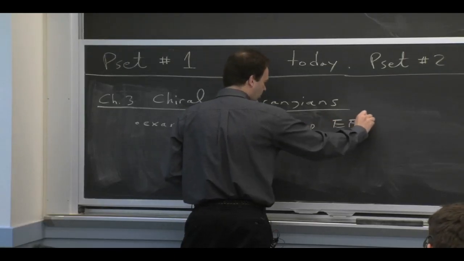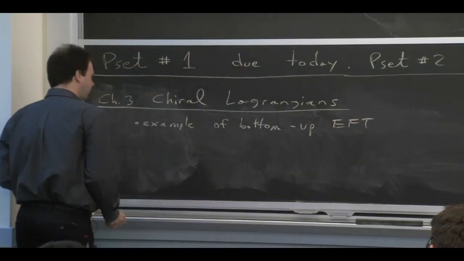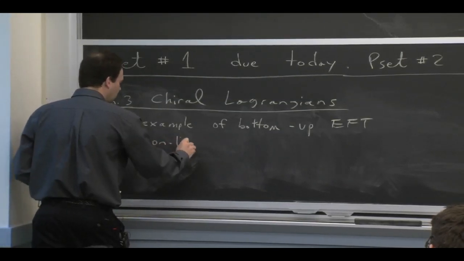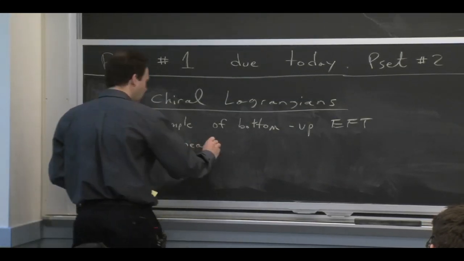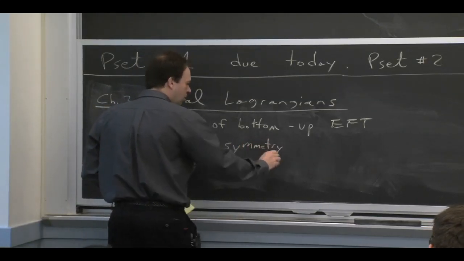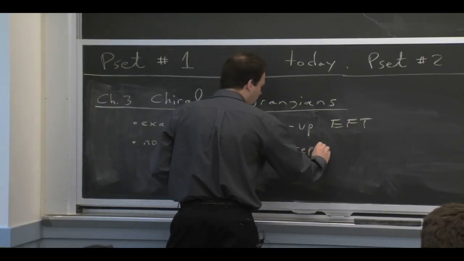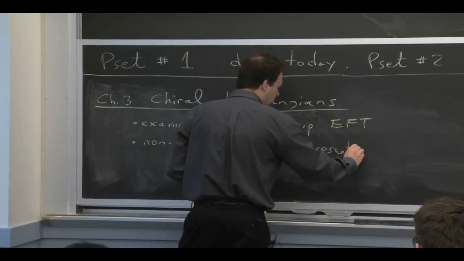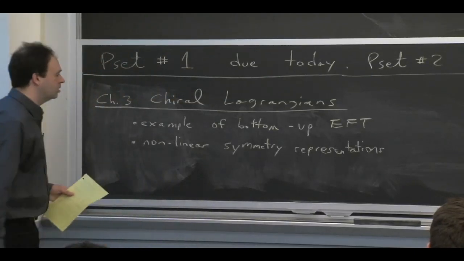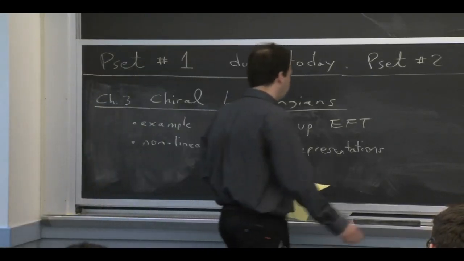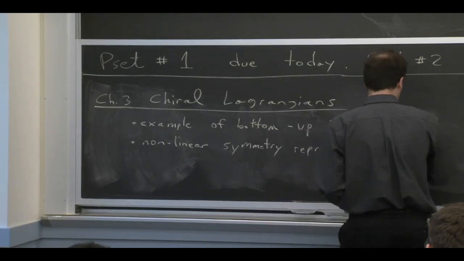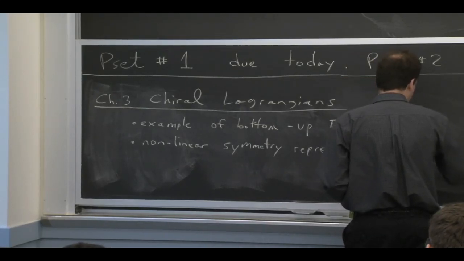So what are our goals? Bottom-up effective theory example. We will also see in this example the utility of using something that's called the nonlinear realization of a symmetry, nonlinear symmetry representations, and the connection to field redefinitions.